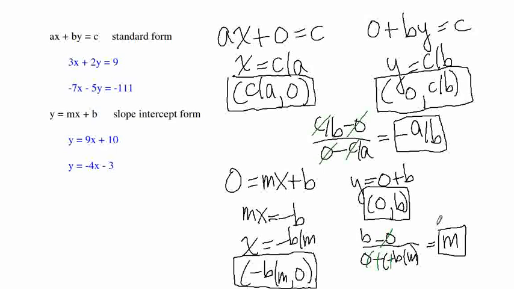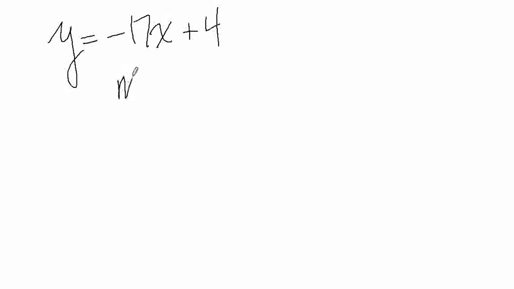Okay? So here is an exercise we can do together. Suppose I wanted to determine the slope of the line that corresponded to this linear equation. All right? Well, that just means I have to read off the coefficient of the x term.